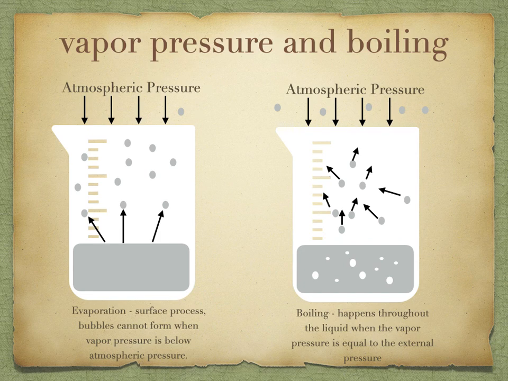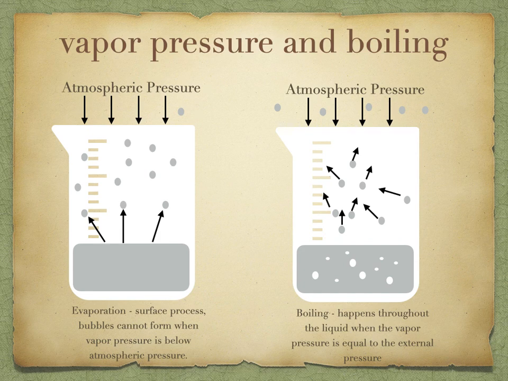But as the temperature gets higher and higher, the pressure inside that bubble can sustain against the atmospheric pressure pushing down. Essentially, the pressure inside the bubble is equivalent to the vapor pressure, and when it gets greater than the atmospheric pressure, you can have bubbles forming throughout the liquid and you get boiling.